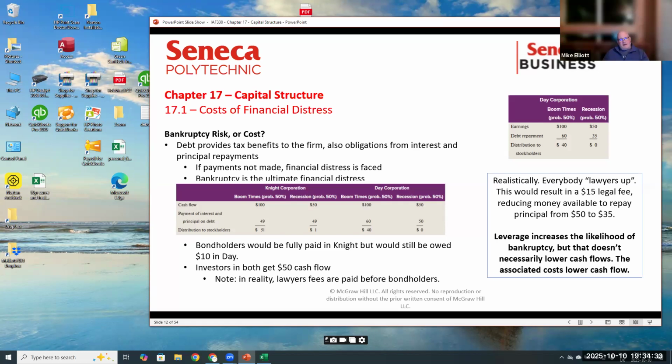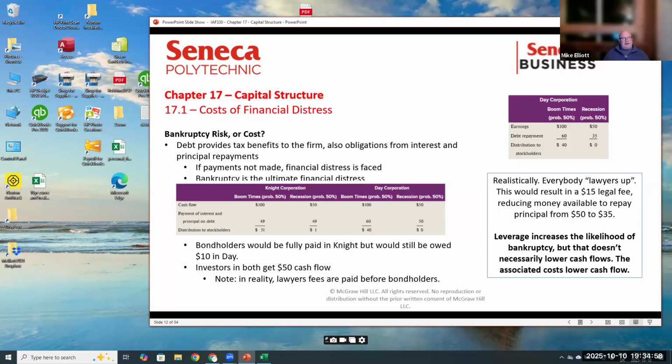That means we only have $35 to pay out on the $60 in debt. That's why leverage increases the likelihood of bankruptcy. Doesn't necessarily impact cash flows, but the costs associated with bankruptcy are what result in the lower distribution to shareholders and the lower principal available to pay out debt.